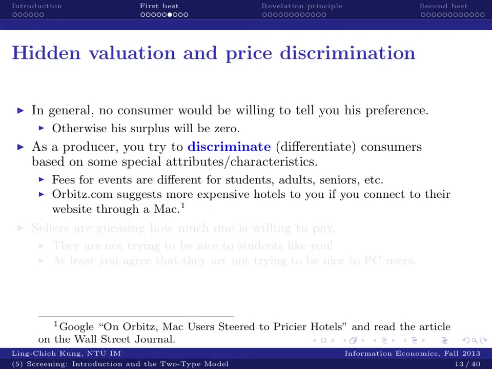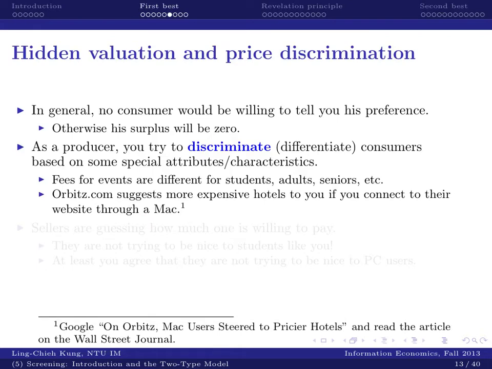The fact is that this website found that if a consumer uses Mac to connect to their website, one type of consumer uses Mac, the other type of consumer uses, for example, PC, and they found that the first group, those using Mac, tends to spend more on their websites.